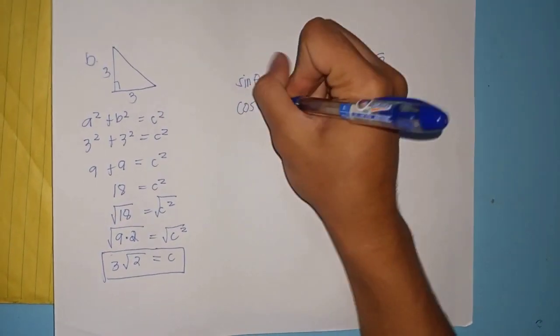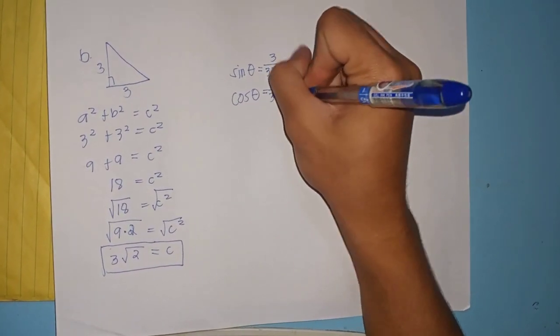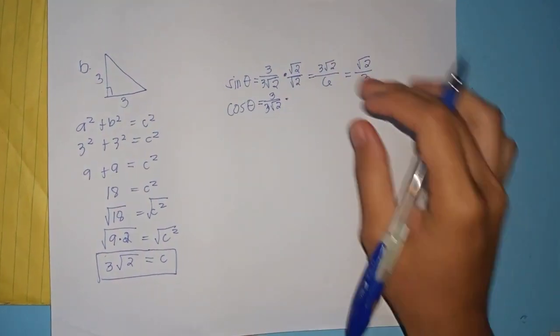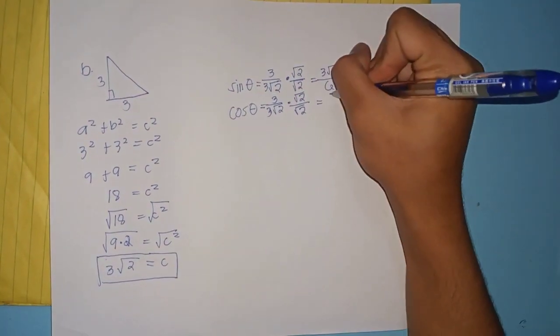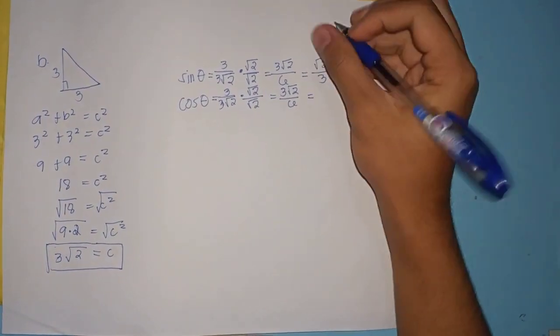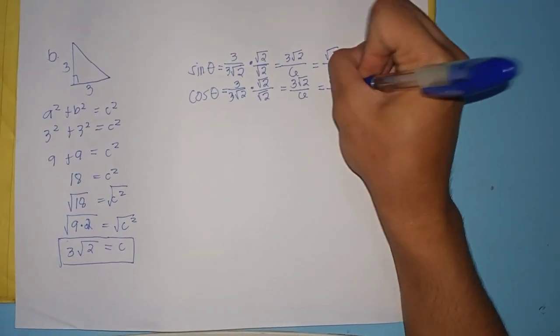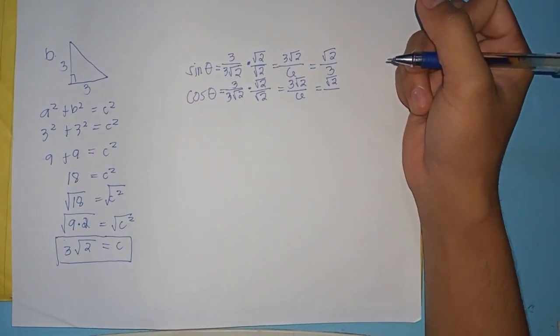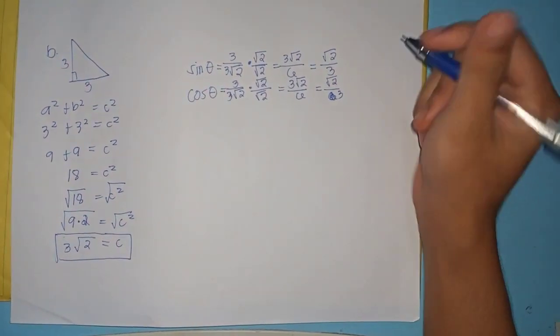Next, cosine theta. Same, 3 square root of 2, and we rationalize again. 3 square root of 2 over 6, and same, reduce it to lowest terms using the greatest common divisor, which is 3 for 6 and 3.